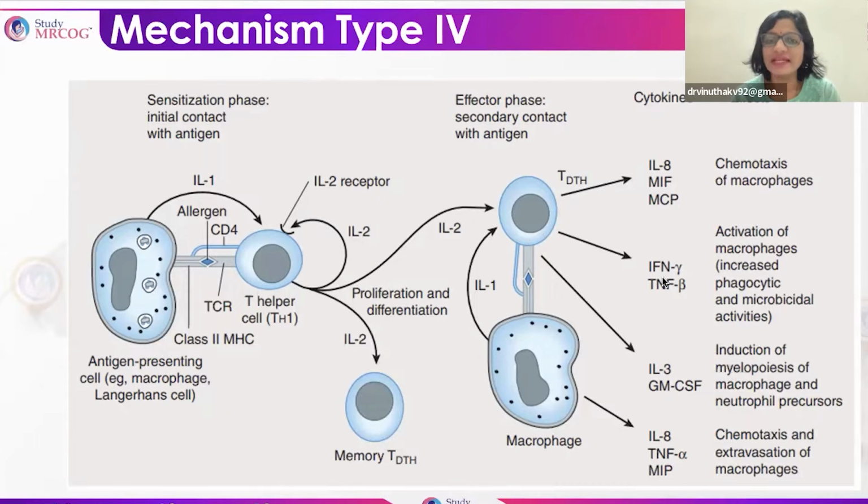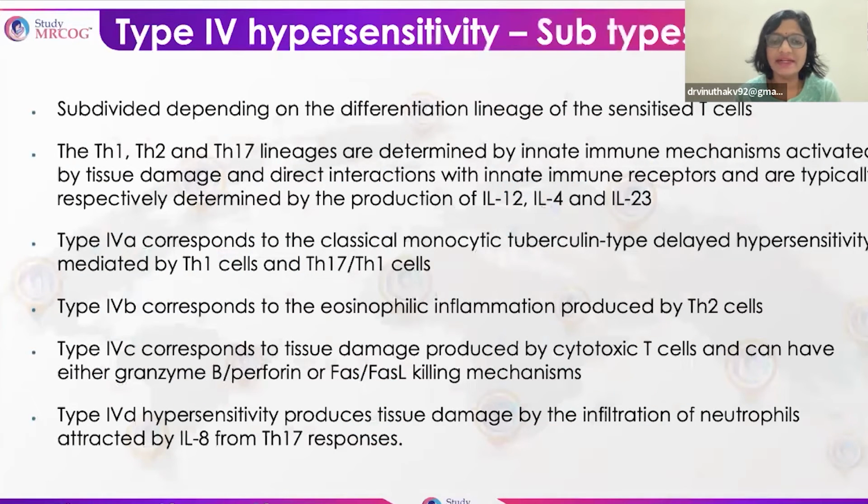Various cytokines like interleukin 8, interleukin 3, tumor necrosis factor alpha, and colony stimulating factors are released into the circulation, leading to various actions like chemotaxis of macrophages, activation of macrophages, induction of myelopoiesis of macrophages and neutrophil precursors, and extravasation of macrophages. All these things then lead to a delayed action, which might take several days.